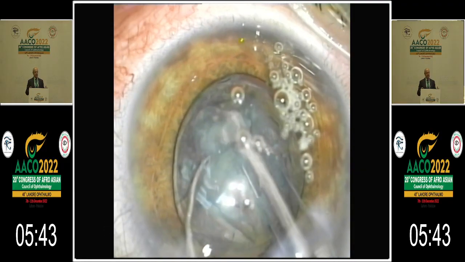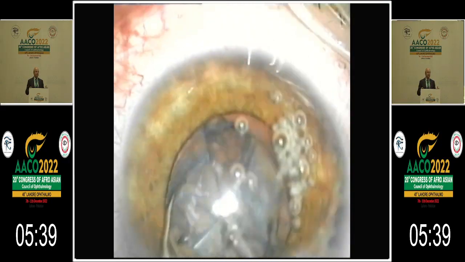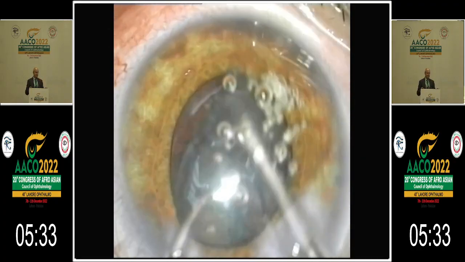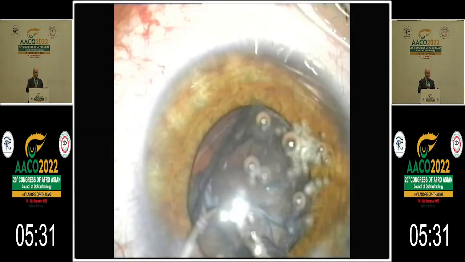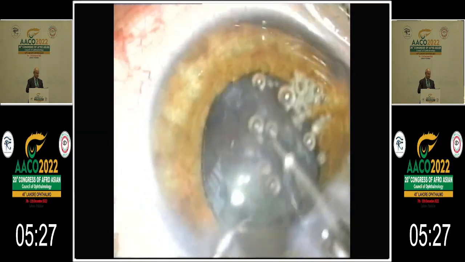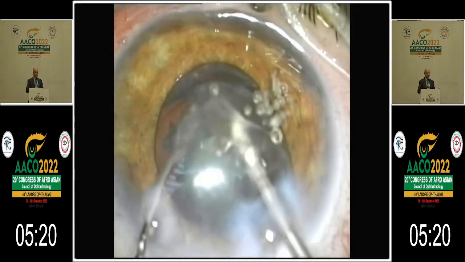And if you can use phacoaspiration, only vacuum, the ultrasound you will use only just to help you aspirate the nucleus. So working in the posterior chamber, protecting the corneal endothelium.